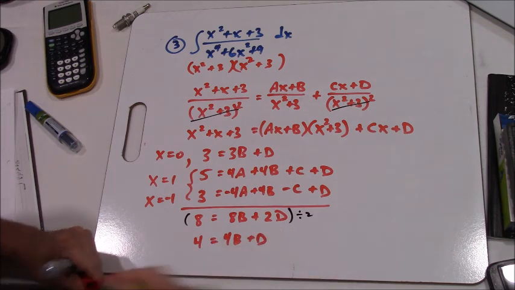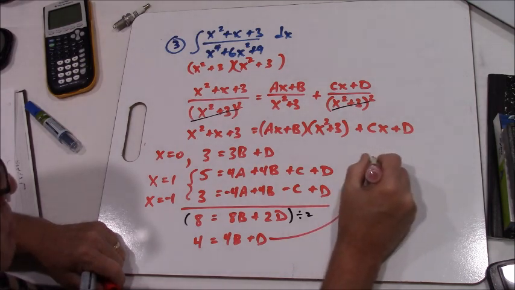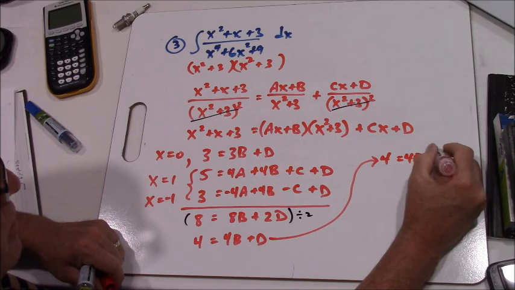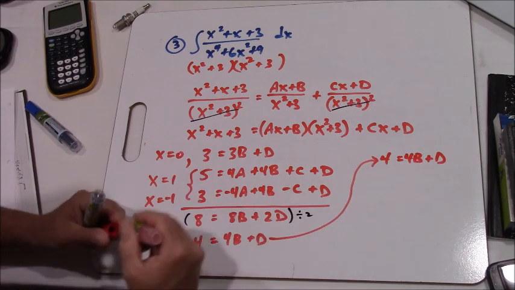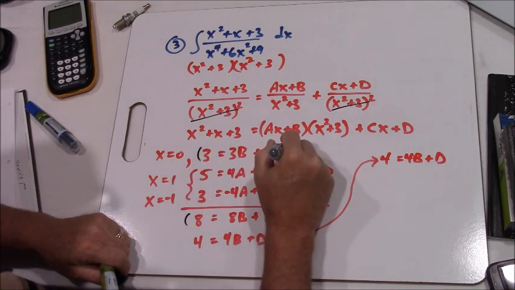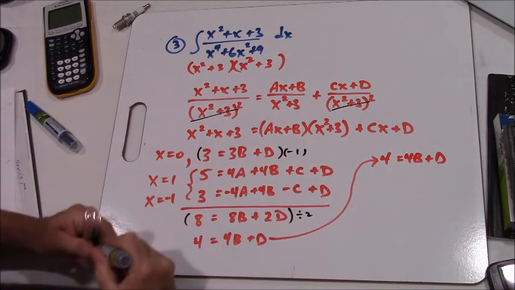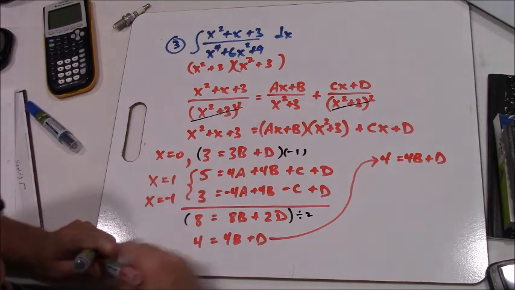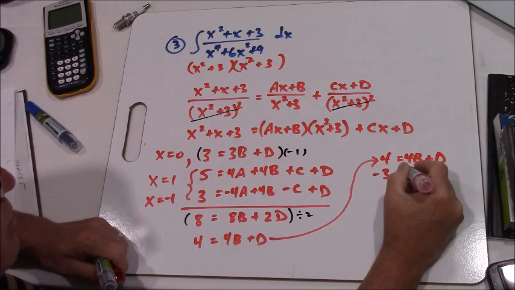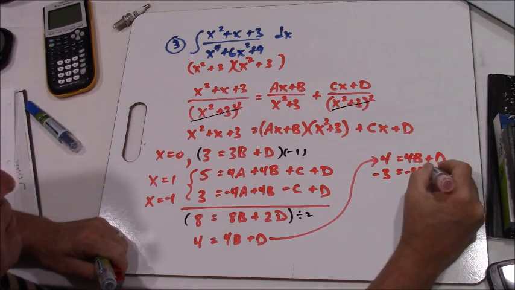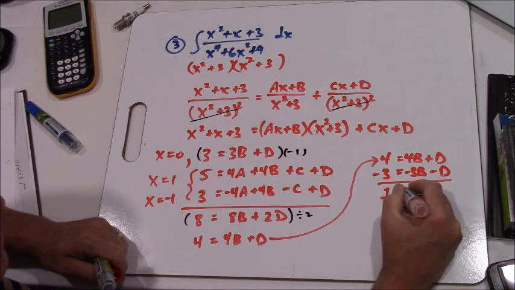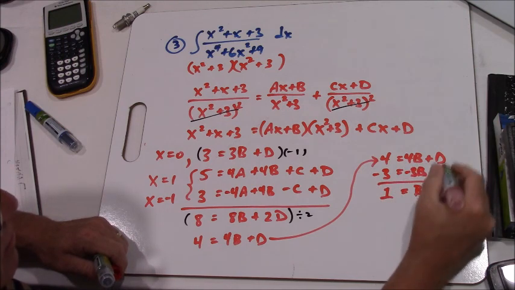And so I'm going to take this one and write it right here. 4 equals 4b plus d. I'm going to take this one and multiply everything on both sides by a -1. And I'm going to add that over here, so I get a -3 equals a -3b minus d. And when I add those, I get 1 equals b, and that's 0.